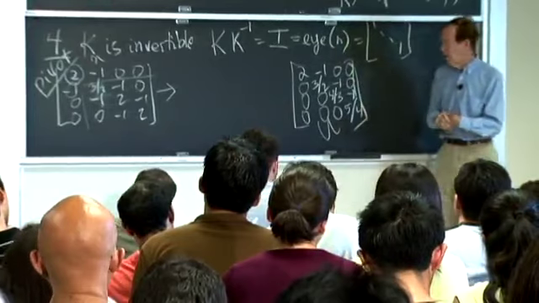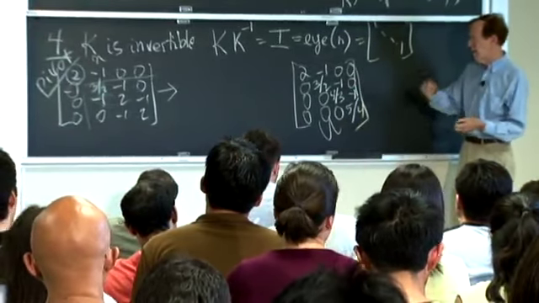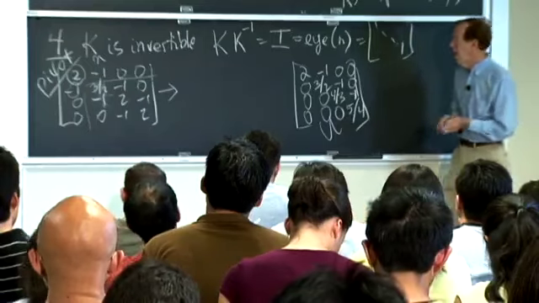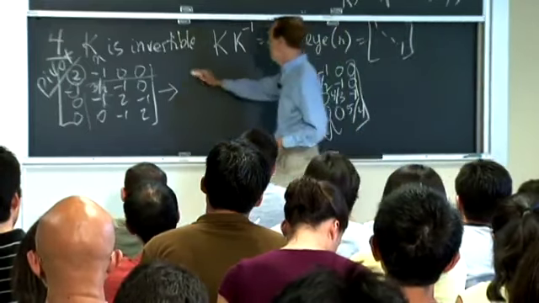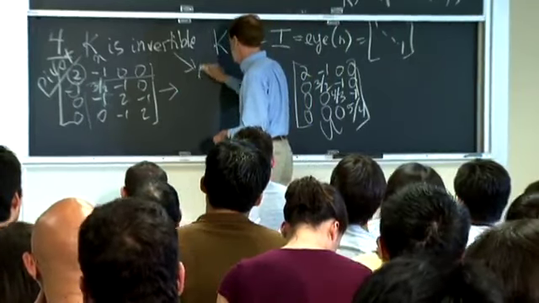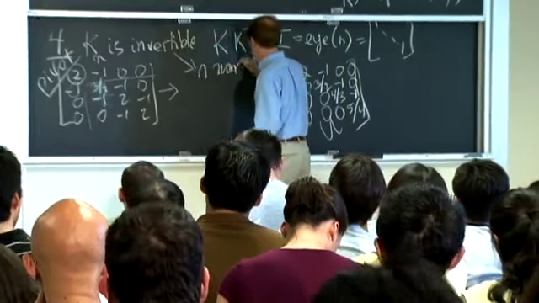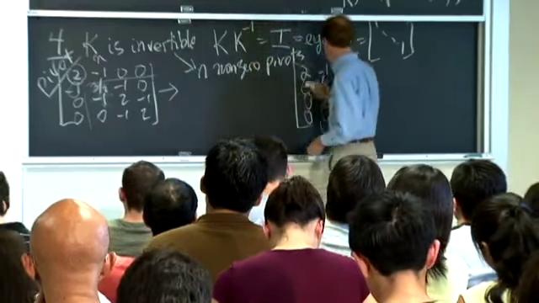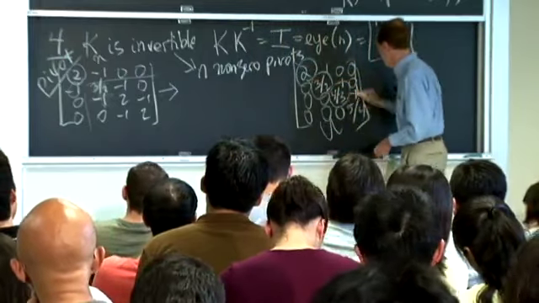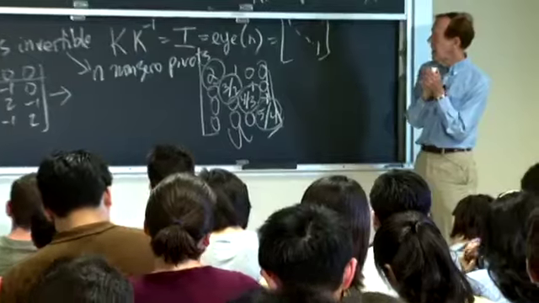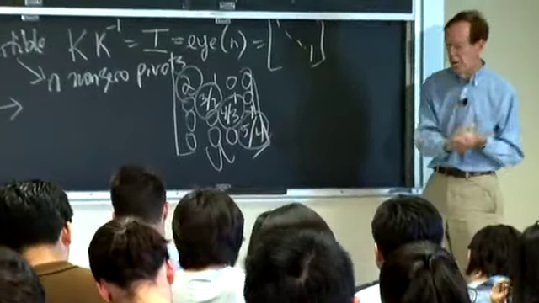I'll leave for another day the final going back upwards that gives you the answer. Okay, so K is invertible. That means full set of pivots, n non-zero pivots. And here they are, 2, 3/2, 4/3, and 5/4. Worth knowing because this matrix K is so important. We'll see it over and over again.